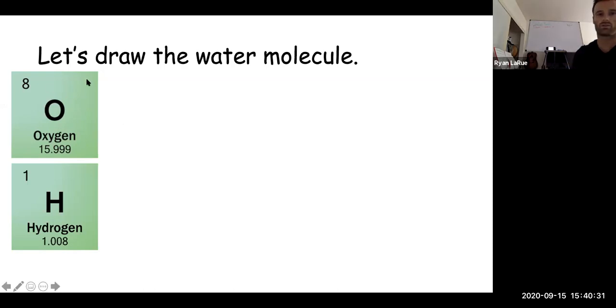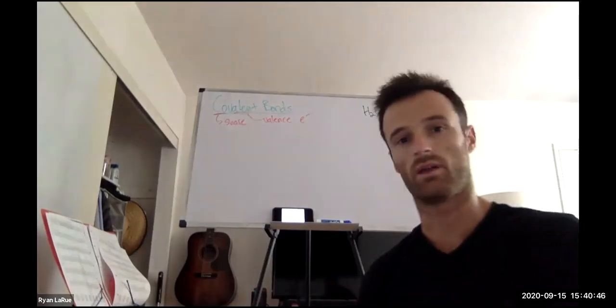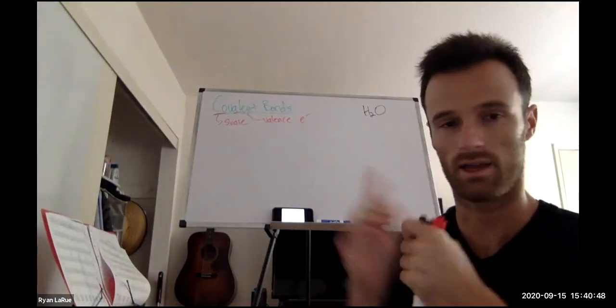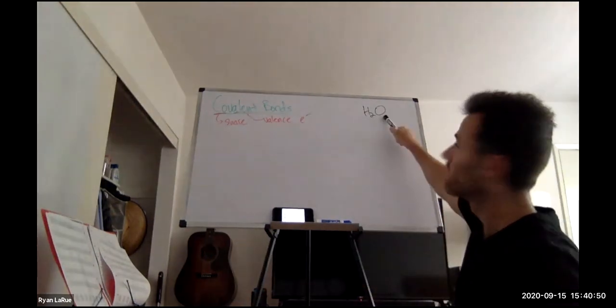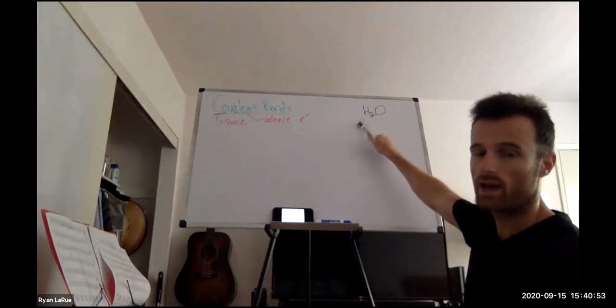Okay, so I have these up from the periodic table. If you recall, we can see the atomic number for both of these elements in the top left here, 8 for oxygen, 1 for hydrogen. We're going to start by drawing the oxygen. We know that we are working with an oxygen and 2 hydrogen atoms.